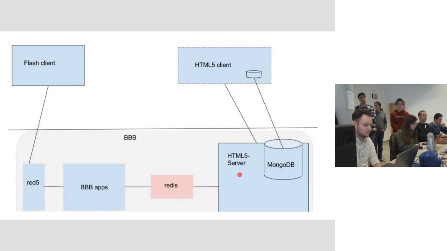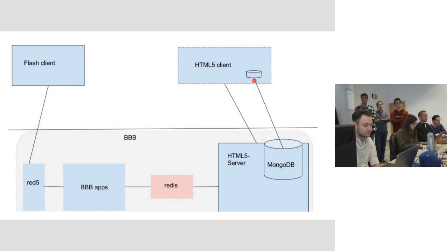So the way we do it on the HTML5 client side is we actually have collections in MongoDB. Once we receive a Redis message for a new incoming public chat message, we're going to update the MongoDB collection with a new document. On the client side, we have an exact copy of the Mongo collection.